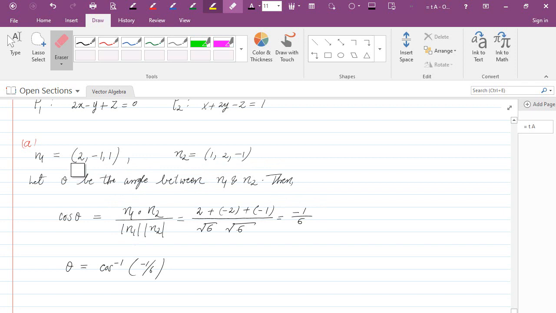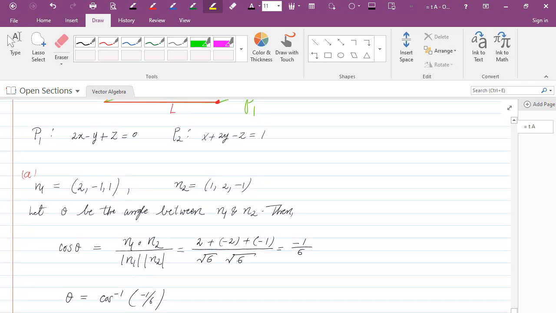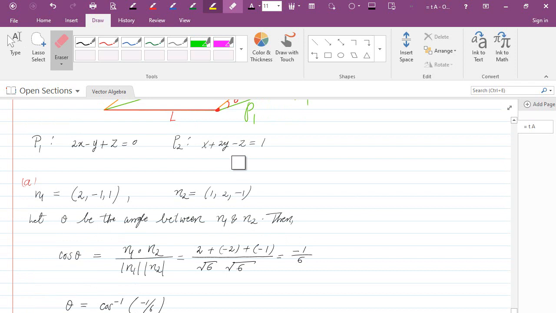The length of n1 would be root of 4 plus 1 plus 1, which is root 6. And the length of n2 would be root of 1 plus 4 plus 1, which would be root 6 as well. So I get root 6 times root 6 here, and we get -1 over 6. So theta would be cosine inverse of -1 over 6. Whatever angle that is, that's the angle between the two given planes here.